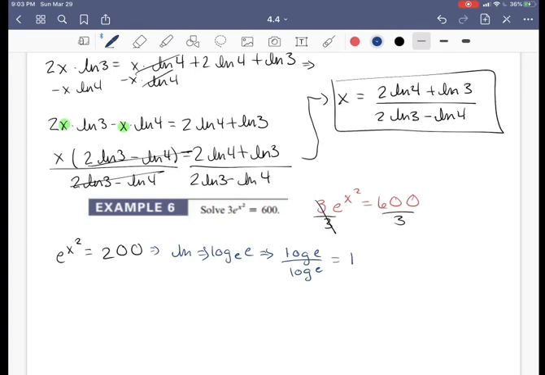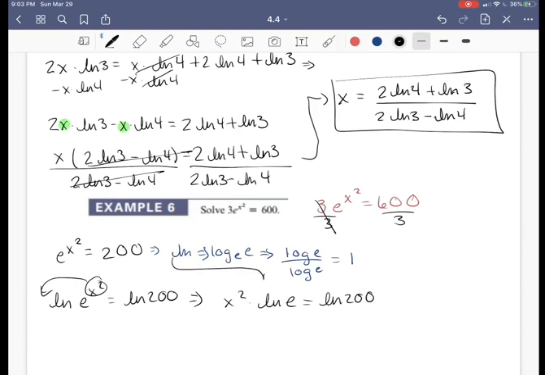So that means that if I do this, I can send this exponent to the front. So now I have x squared times natural log of e is equal to natural log of 200. And following all this, this cancels out. So I have x squared is equal to the natural log of 200.